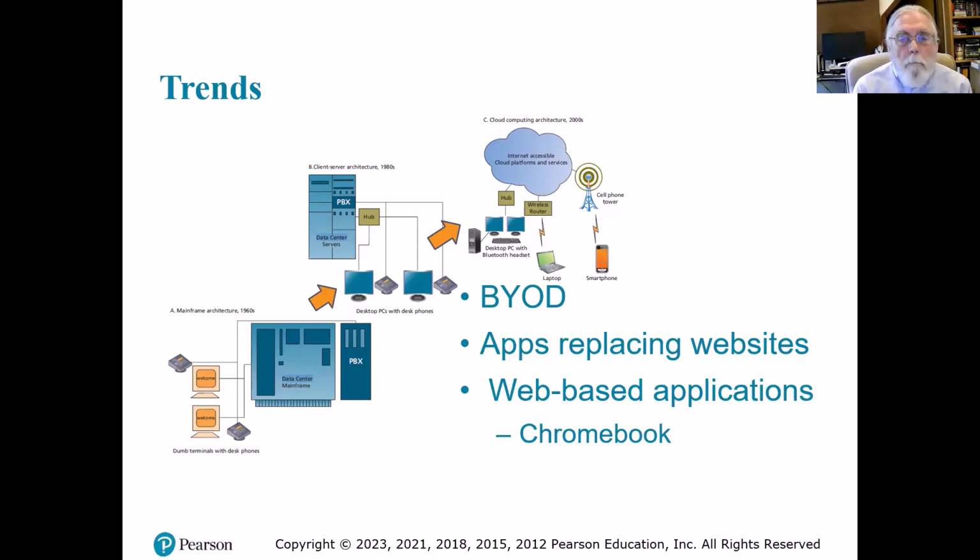Now, the downside is a Chromebook only works if you have a connection to the internet. If you're in an area that doesn't have Wi-Fi, you can't get hooked up to the internet, the Chromebook is basically useless. There's nothing you can do with it. Whereas with a laptop where you have installed the software, if you don't have access to the internet, you can still use the software.